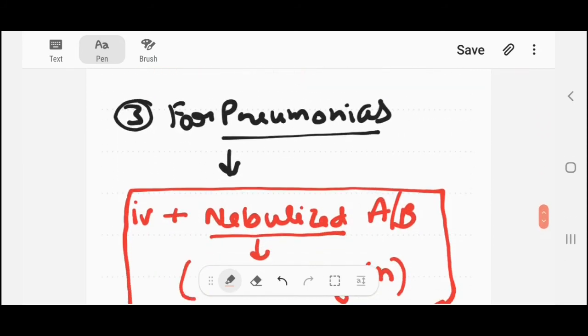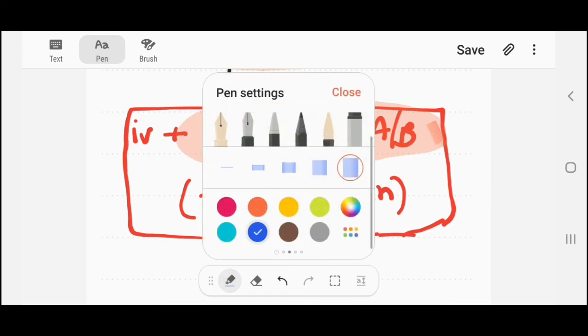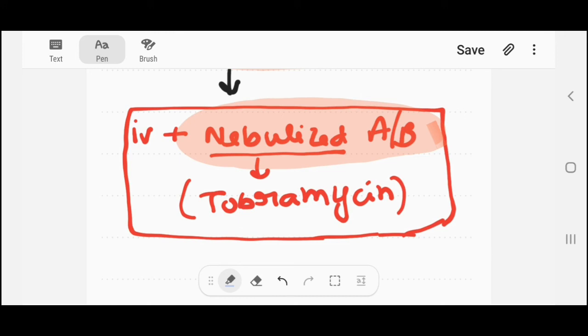For pneumonia due to cystic fibrosis, we can give intravenous and nebulized antibiotics. This is a very important question: in which condition do we give nebulized antibiotics? It is given in cystic fibrosis, and the nebulized antibiotic we give is tobramycin.